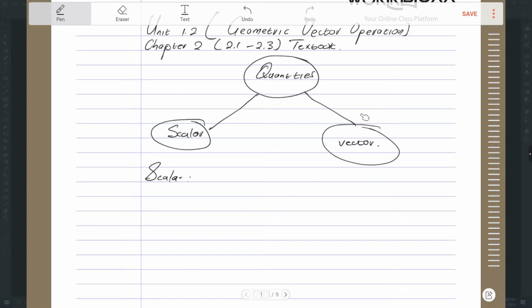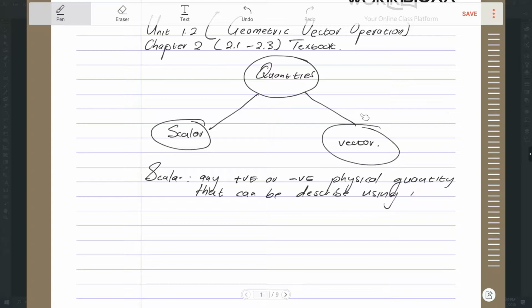A scalar is any positive or negative physical quantity that can be described using magnitude.